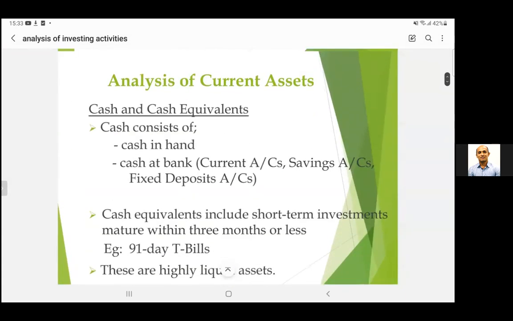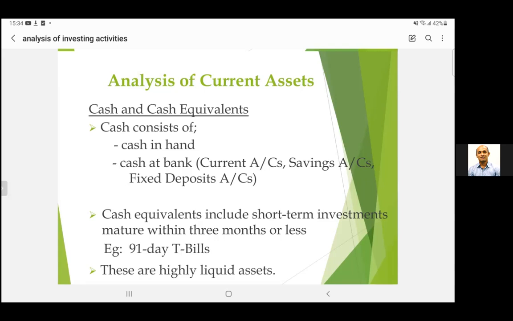In every company, the main three current assets are stocks, trade receivables, and cash. So under analysis of current assets, we'll study stocks, receivables, and cash.